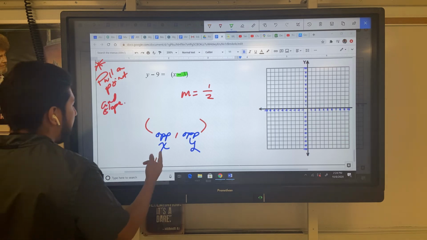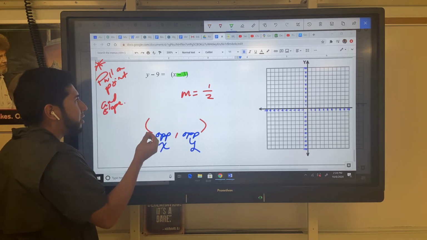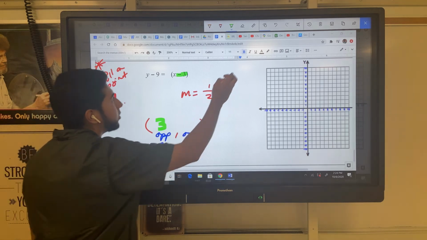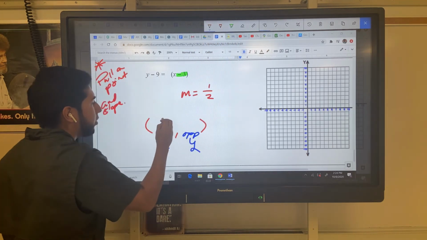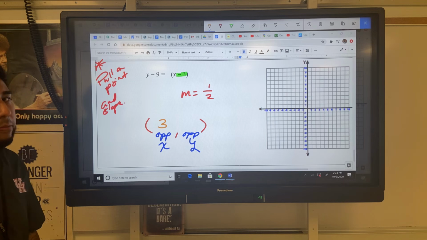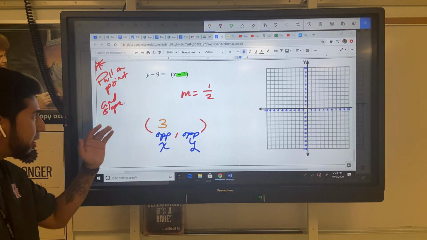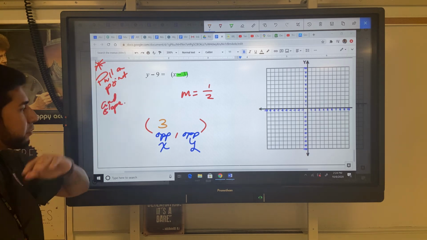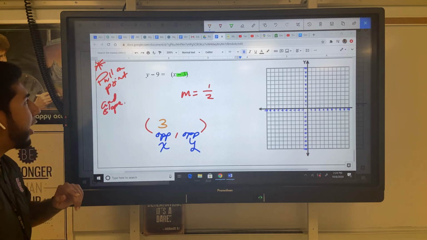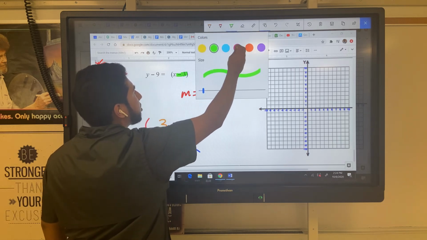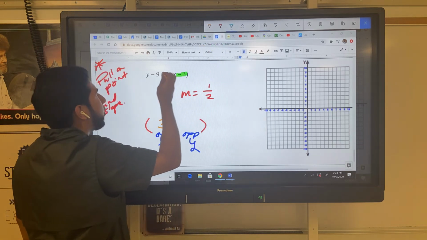Now, I say opposite sign because when I take out this -3, it's no longer -3. It turns into a +3. Okay? So I say opposite x, so opposite 3. So opposite means going from negative to positive. Same thing for the 9. Hopefully we see who's right next to my y.